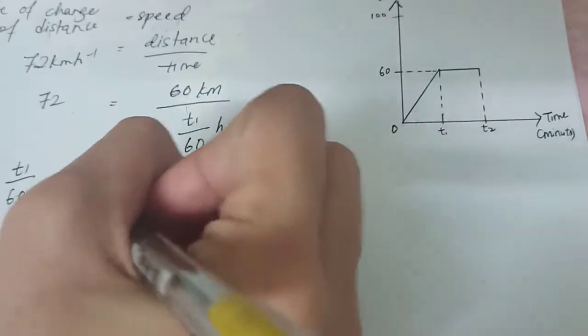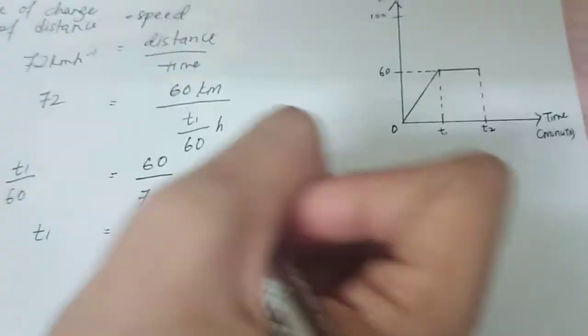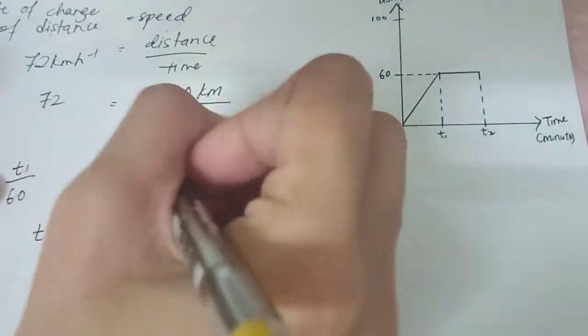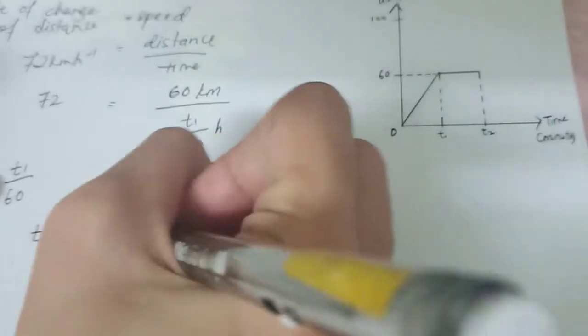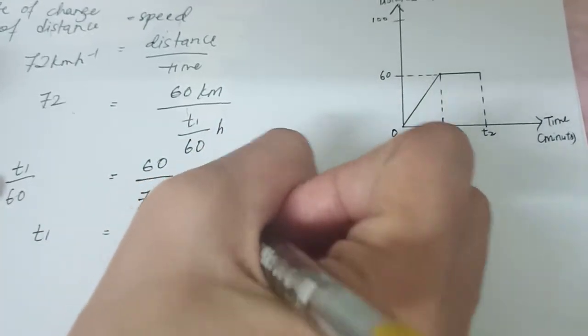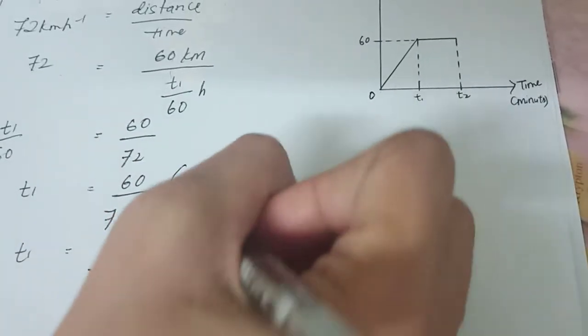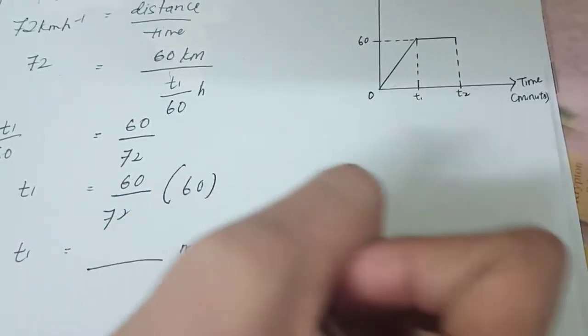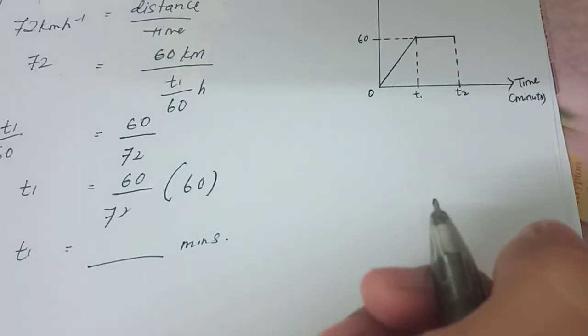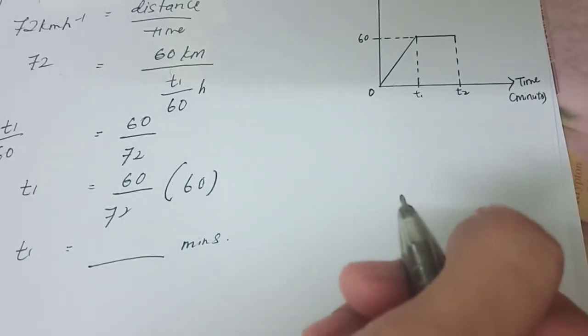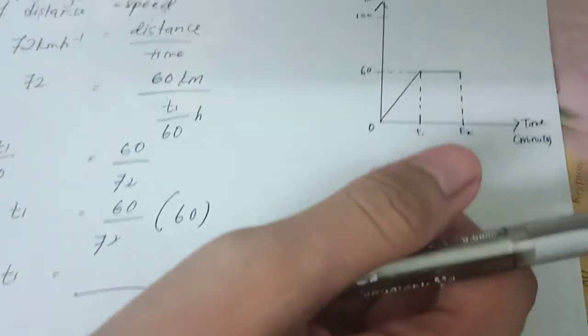So 60 divided by 72. After that, we want to find T1 only, so the divide by 60 moves to the other side and becomes multiply by 60. So T1, you get your answer in minutes. Make sure you press your calculator for this one, and you should get your answer.